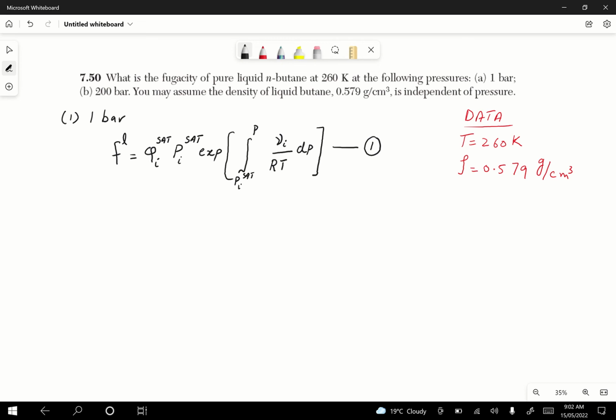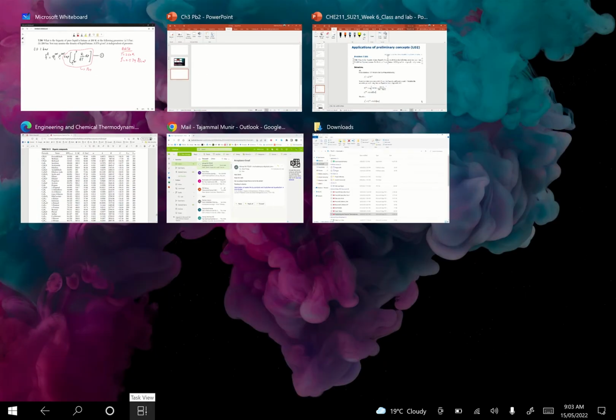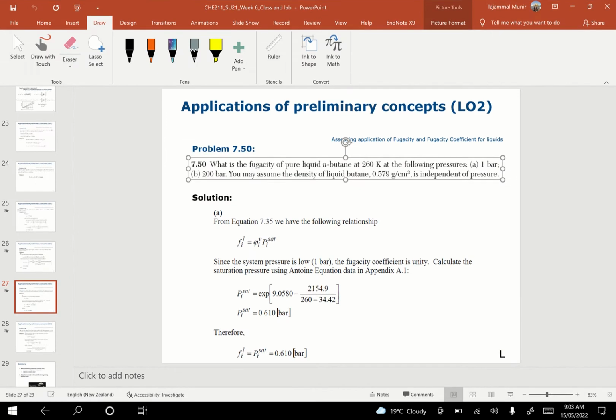Remember, in this formula, this red highlighted part is different from the rest of the equation. This red part is called the Poynting correction factor.